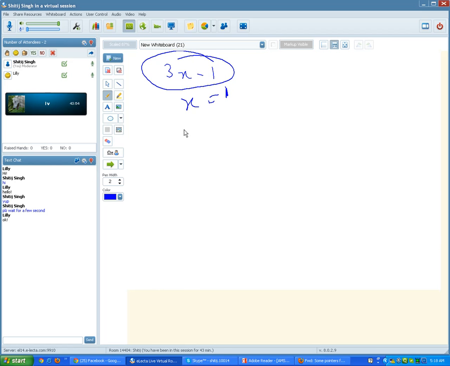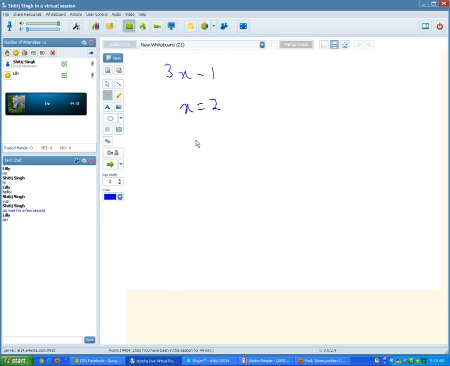Now take x equal to 1, so you will get 2. The multiplicative inverse of 2 is 1 over 2, so this is possible. But now try to take x equal to 2.